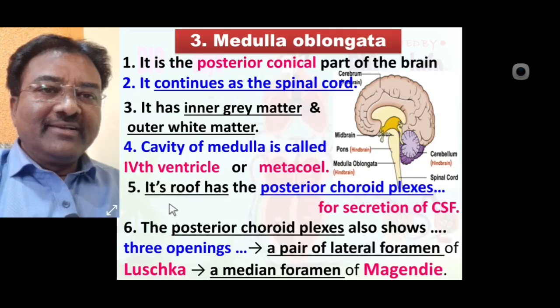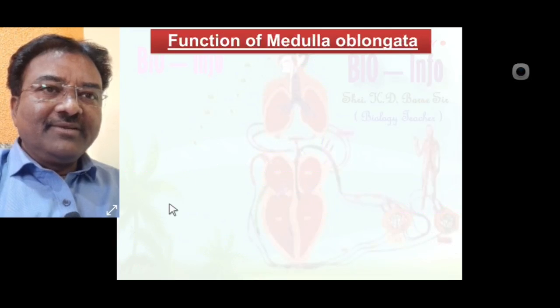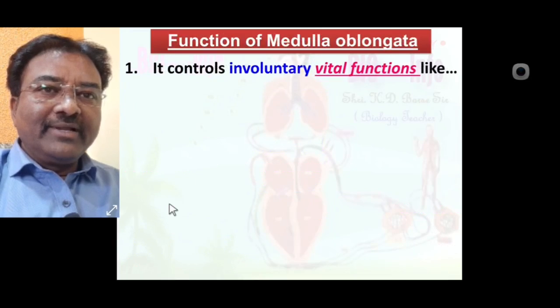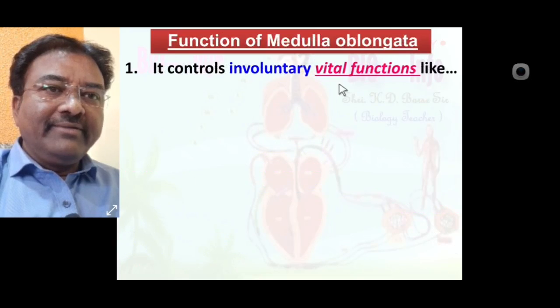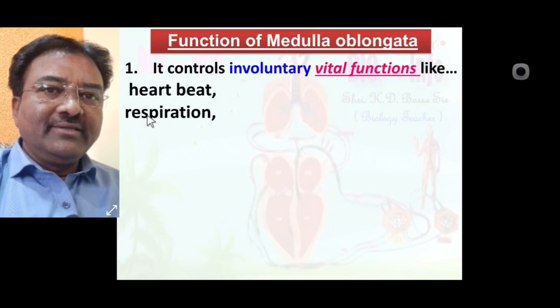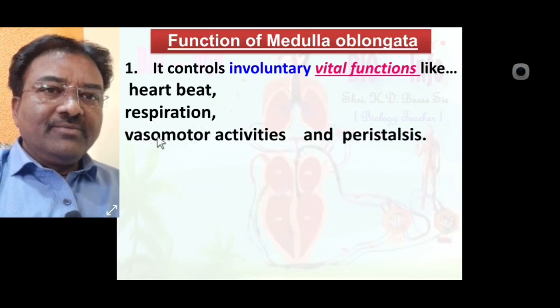Now we learn the function of medulla oblongata. Medulla oblongata controls involuntary vital functions like heartbeat, respiration, vasomotor activity and peristalsis.